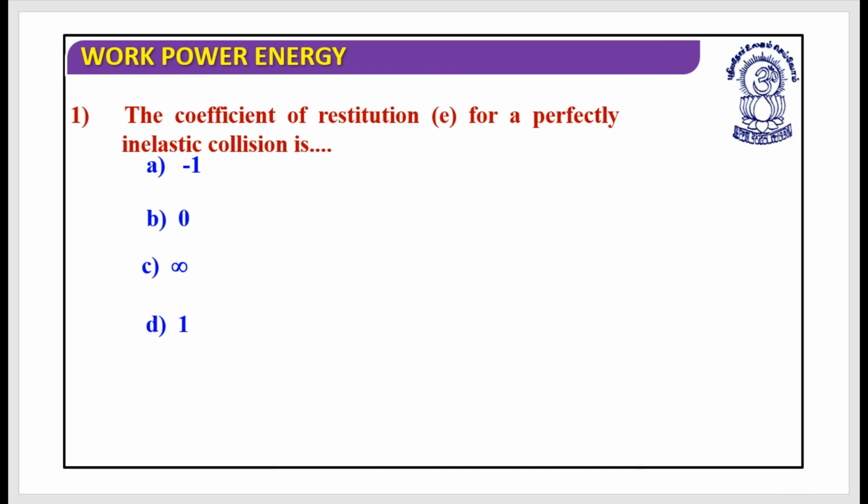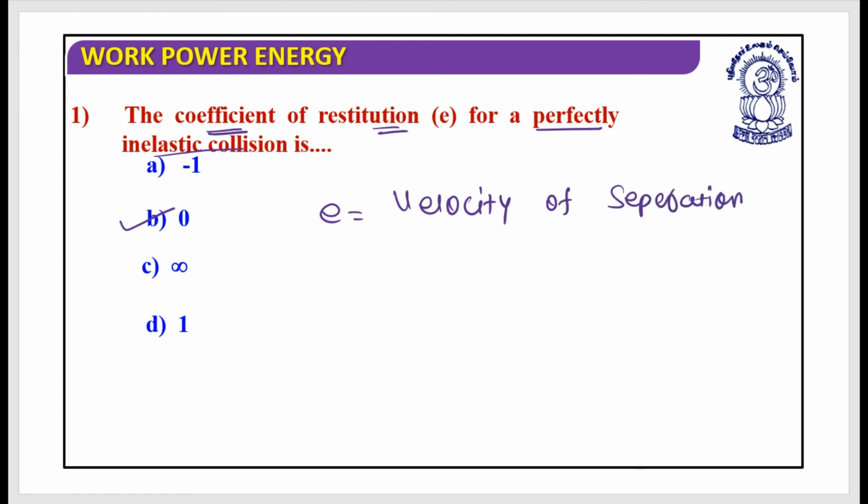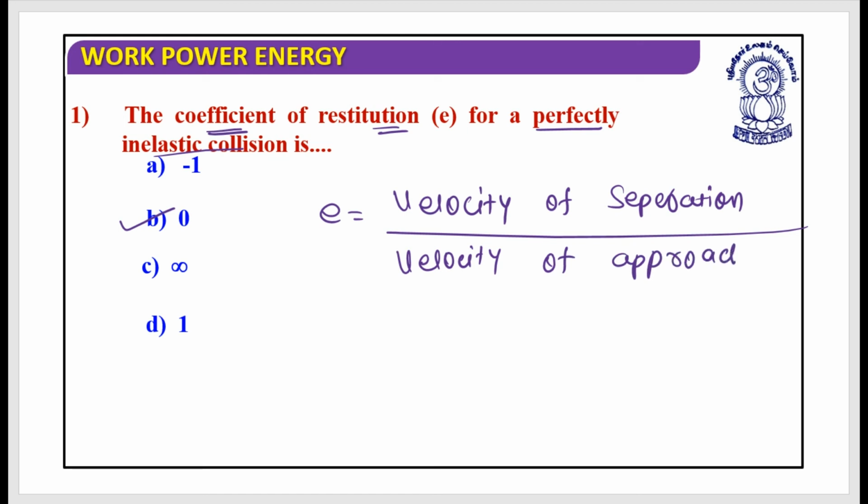Our first question, what does it say? It says the coefficient of restitution for a perfectly inelastic collision. Yes, it is zero. Why? E is the velocity of separation divided by the velocity of approach, and the velocity of separation would be 0.